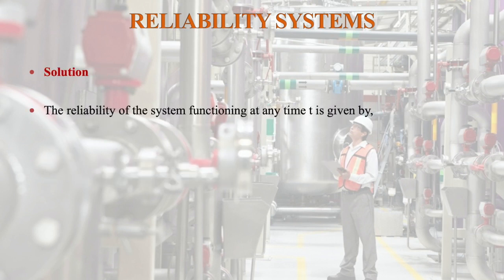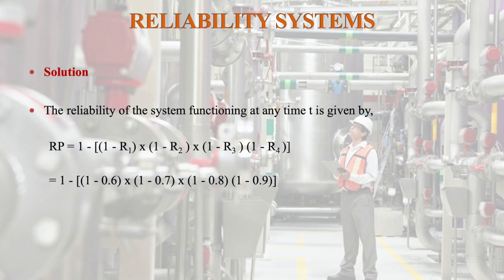Solution. The reliability of the system functioning at any time t is given as Rp, that is equal to 1 minus R1 into 1 minus R2 into 1 minus R3 into 1 minus R4. Here we substitute the values, then we get 1 minus (1 minus 0.6) into (1 minus 0.7) into (1 minus 0.8) into (1 minus 0.9).